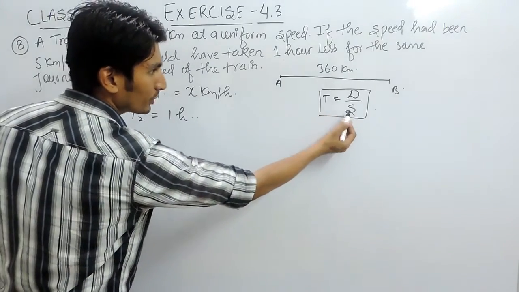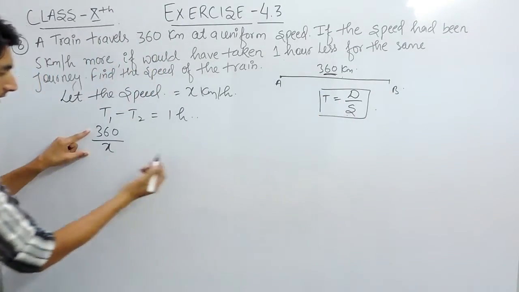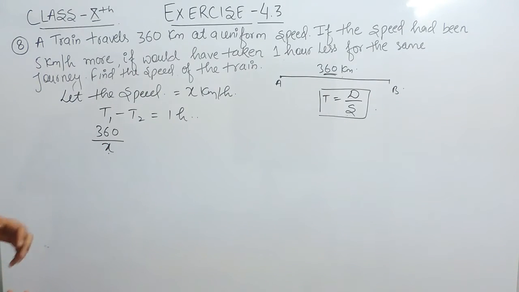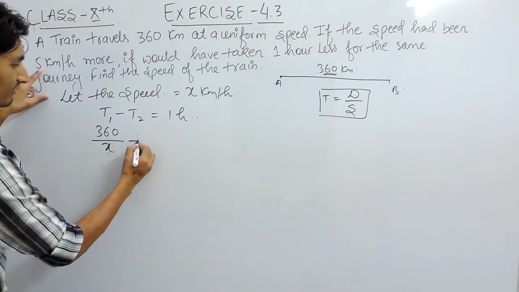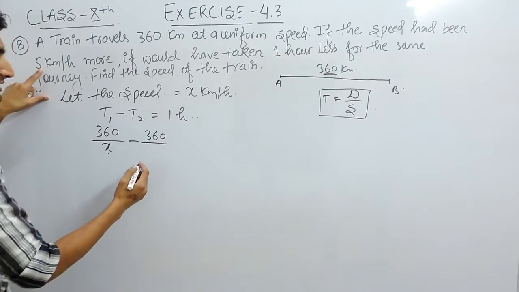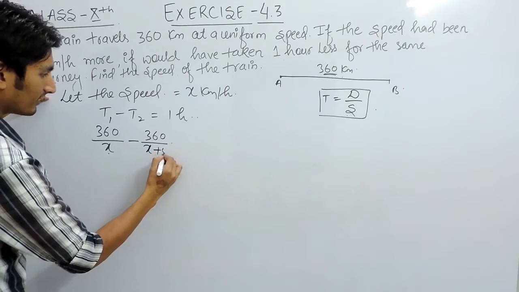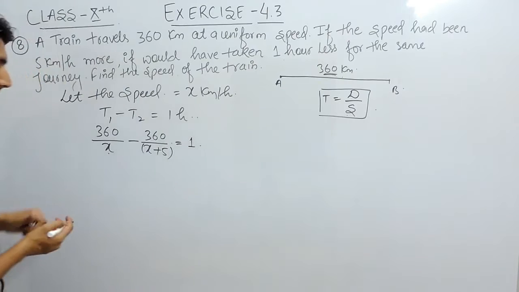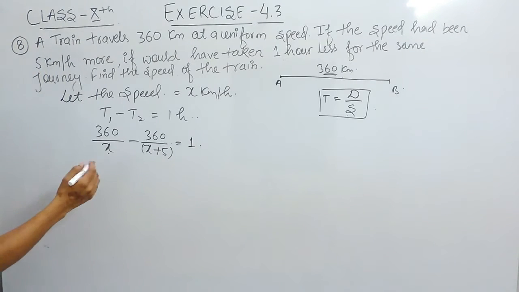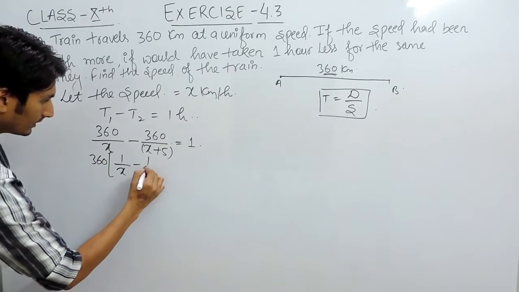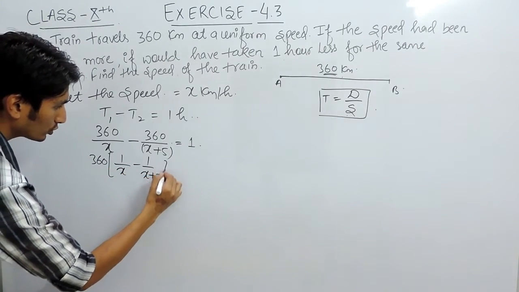When it is increasing its speed, obviously time will be less, and the second time will be 360 upon x plus 5, because its new speed is 5 km per hour more, and the difference is equal to 1 hour. Now we can take 360 as common, so that our equation will be small to solve.